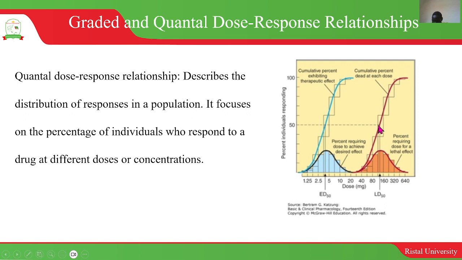When we follow this line to where it meets with LD50, this gives us the lethal dosage of this drug, where 50% of the people die when they are given this particular dosage. So this becomes a basis of determining our safety levels for these drugs using the graded and the quantal dose response relationships.